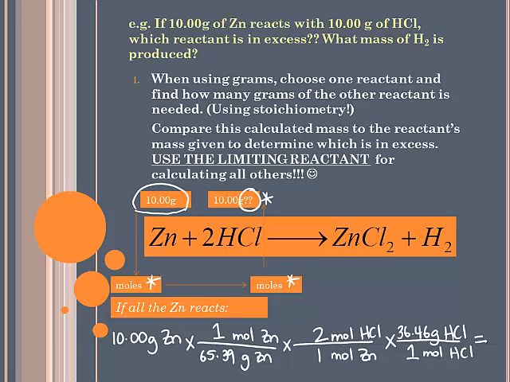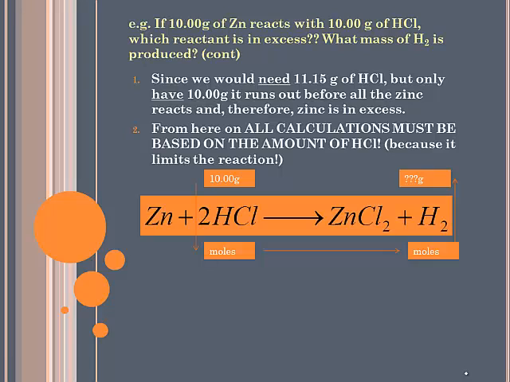And that gives us 11.15 grams. Now, that's how much HCl I would need in order to react all the zinc. The question I have for you is, do you have that much? I would need 11.15 grams, but I only have 10, which means that the HCl is my limiting reactant.